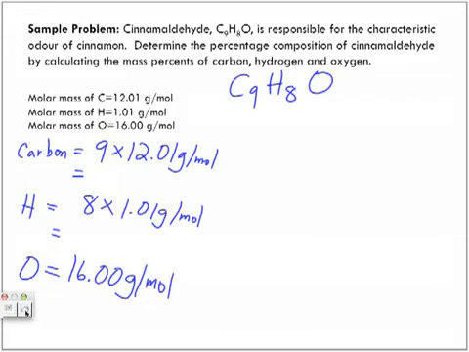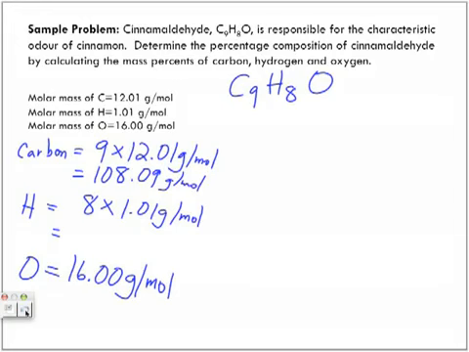Okay. So take a moment, find those numbers. What do we get here for carbon when we multiply 9 times 12.01? 108.09. And it's grams per mole, or even just grams.